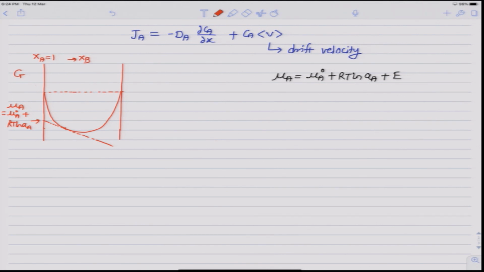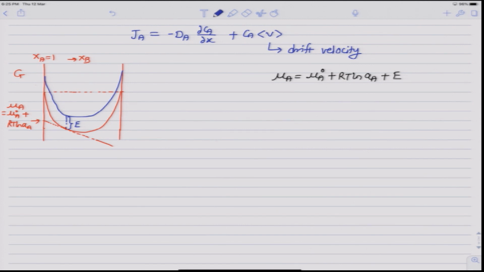Now, in presence of the strain energy, this curve will be shifted up and at the same composition the difference would be E.